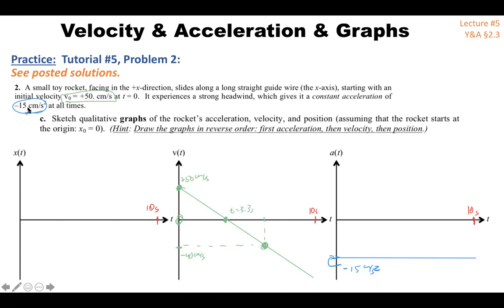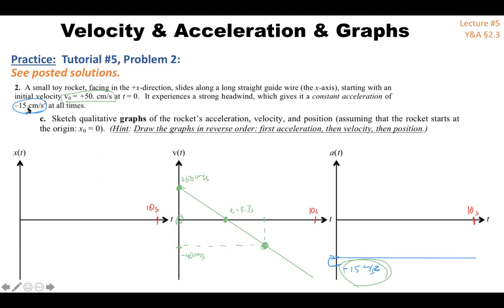Or we could also say acceleration should always be the slope of the velocity graph. I see that my acceleration graph here has a constant value of negative 15 at all times. So that means I need a velocity graph whose slope is a constant value of negative 15 at all times. How do I do that?